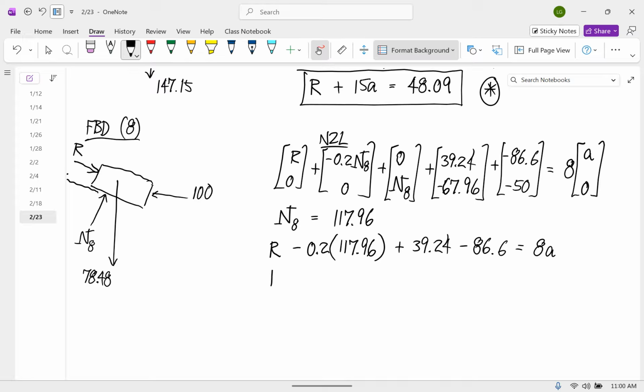So I'll write this as R minus 8A is equal to positive 70.95. And that's our equation 2 star.